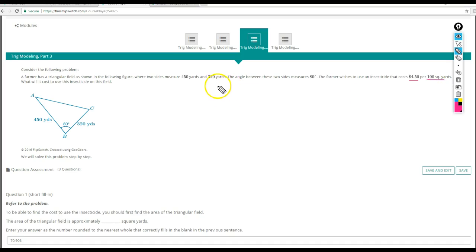So our proportion is $4.50 to 100 square yards, and I don't know how much it's going to cost when compared to 70,906 square yards.